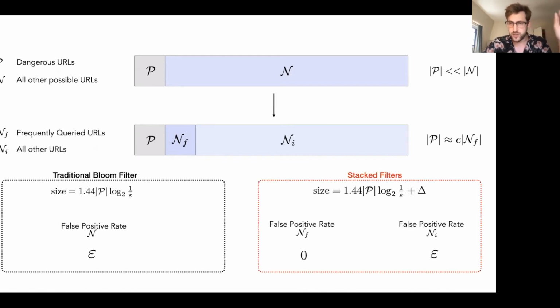Under these assumptions, we add some very small space usage delta, but in return for this small delta, we essentially eliminate all false positives on the frequently queried negative set. And we retain the same false positive rate of epsilon on all infrequently queried negatives.